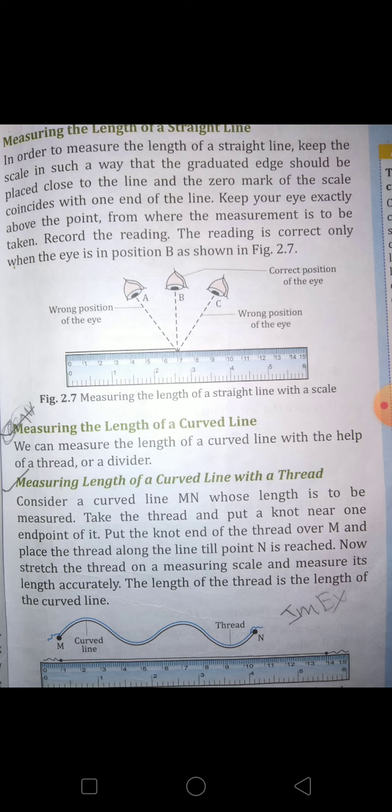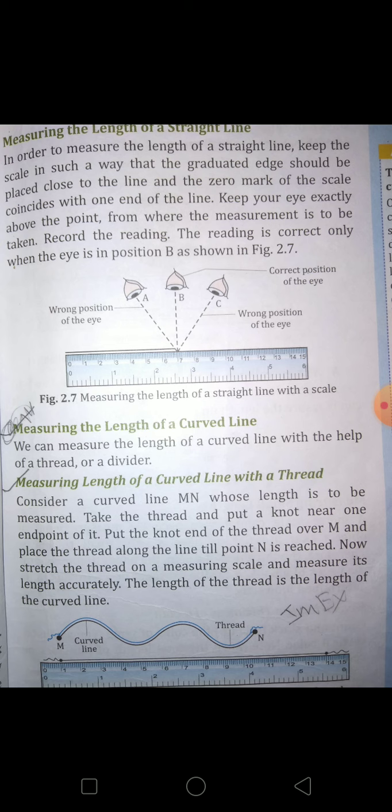So children, here one figure you can see. This is your page number 19. Figure 2.7 is written here. See, one scale is there, which we can also call a ruler, and one line is drawn. So you have to find out what is the length of the line. We already learnt that we measure length using which units?